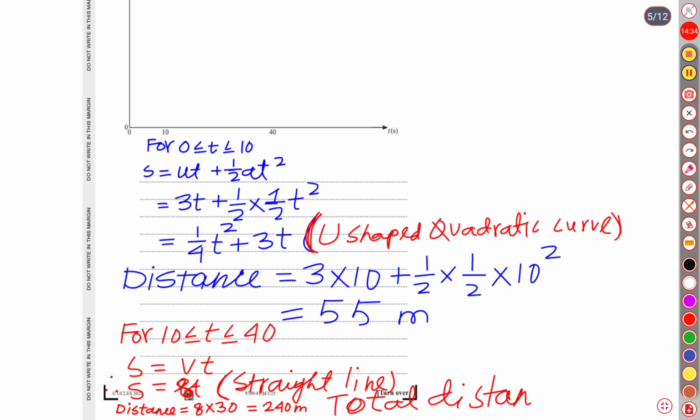Total distance is equal to, initially first there were 55 meters. Now it has traveled 240 meters, so the total distance in the first 40 seconds is going to be 295 meters. 295 meters is the distance traveled in the first 40 seconds.